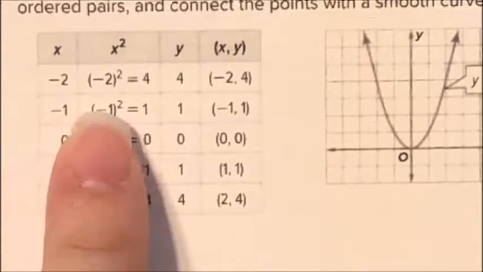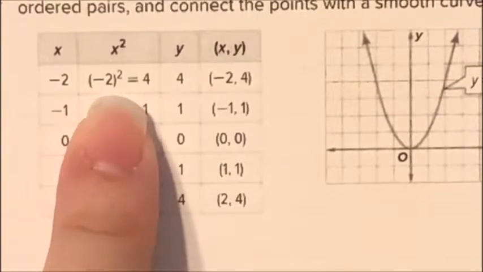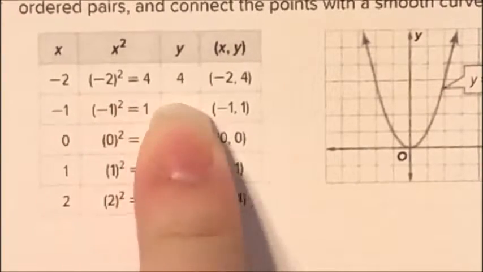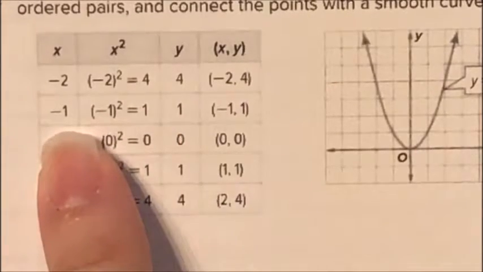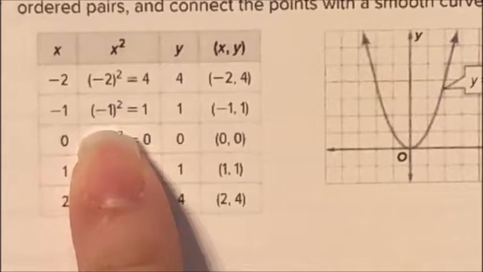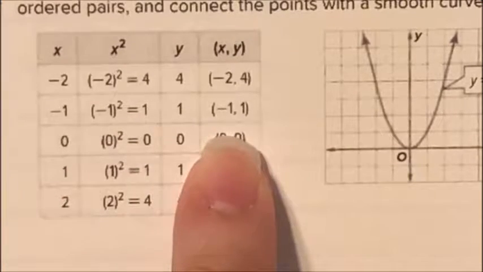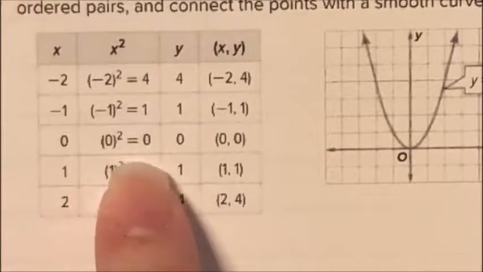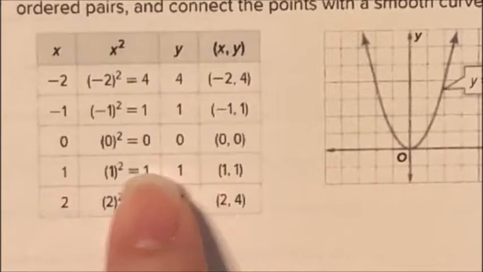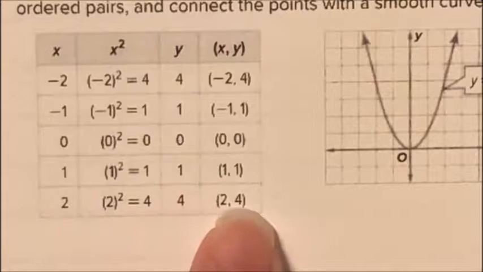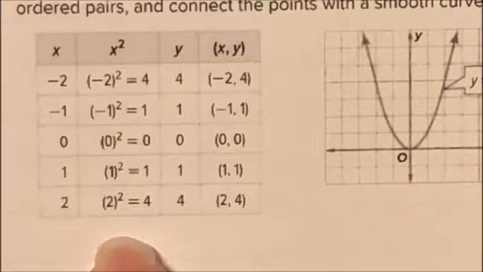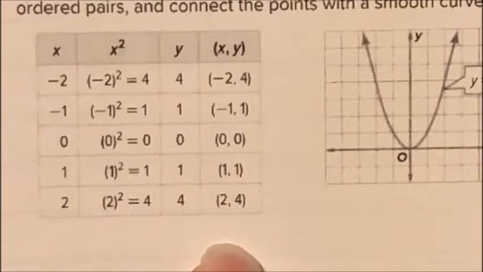If I plug in -2, -2 squared equals 4, so y equals 4, so my point is (-2, 4). -1 squared equals 1, so (-1, 1). 0 squared is 0, so (0, 0). 1 squared equals 1, so (1, 1). 2 squared equals 4, so (2, 4).